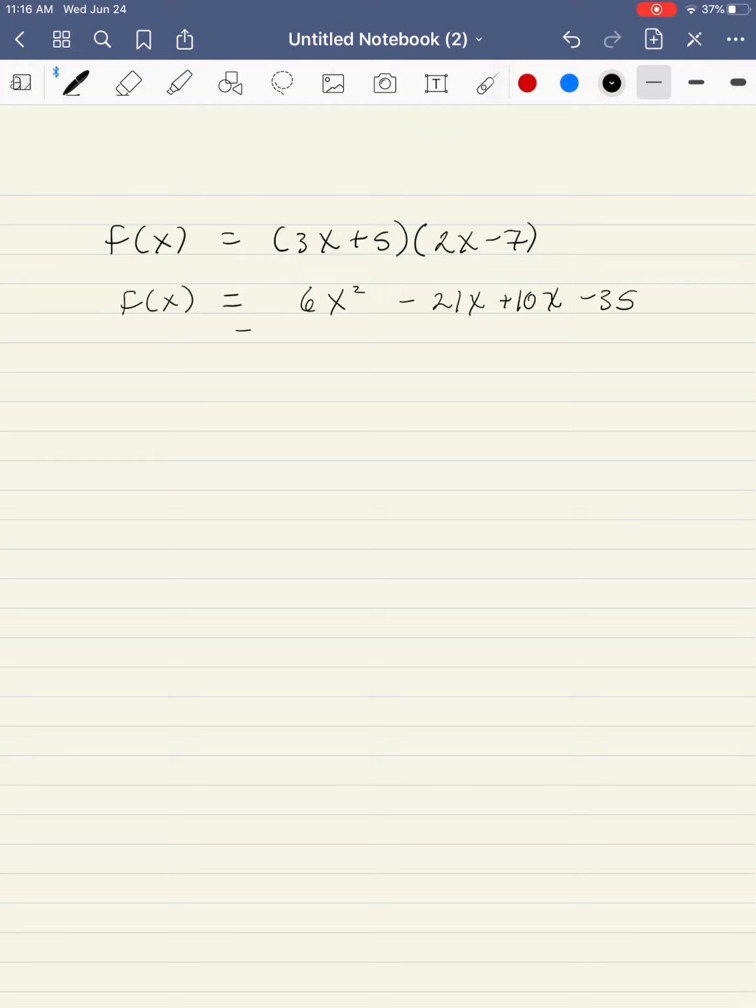All right, we have 3x times 2x is 6x squared, minus 21x plus 10x minus 35. So f(x) is equal to 6x squared minus 11x minus 35.